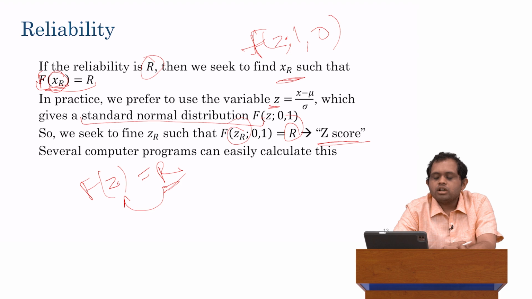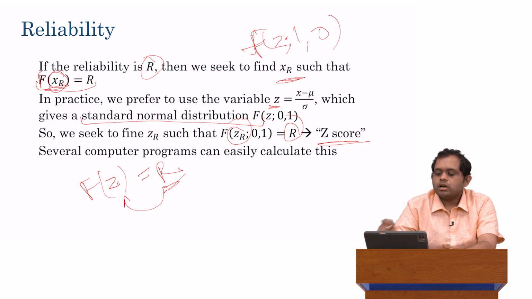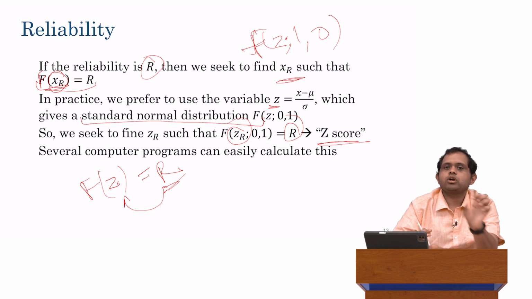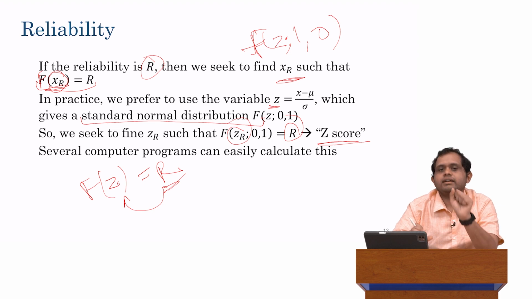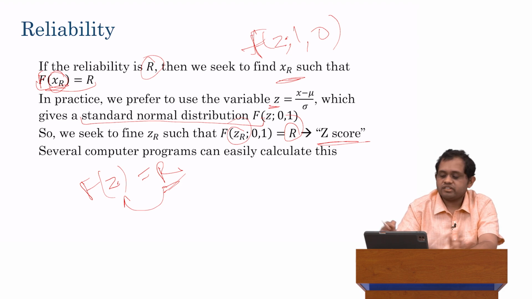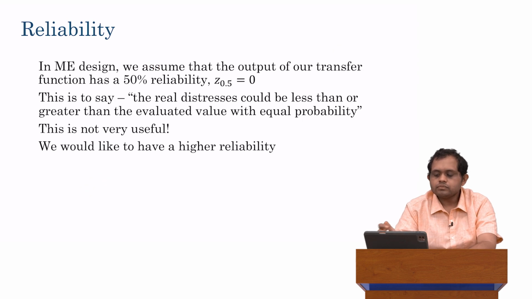So the problem of reliability comes down to, if you want the output of the system to have a certain amount of reliability, then this is the value which gives you that reliability. That's the Z score which gives you that reliability. And again, the reason we do it on the standard normal distribution is because we have very good mathematical tools that can give it to us very easily.